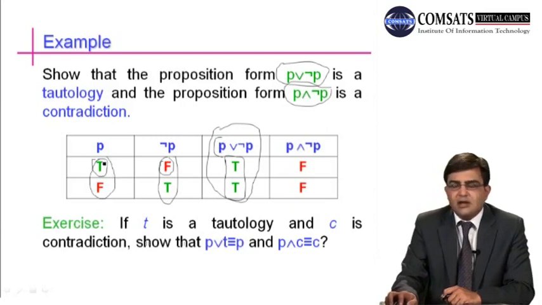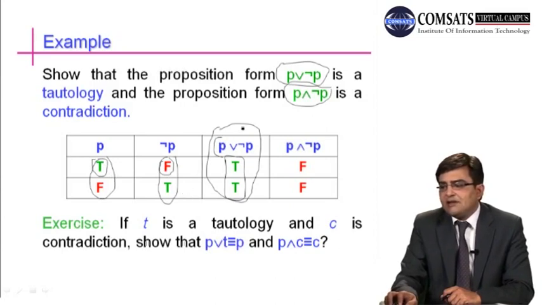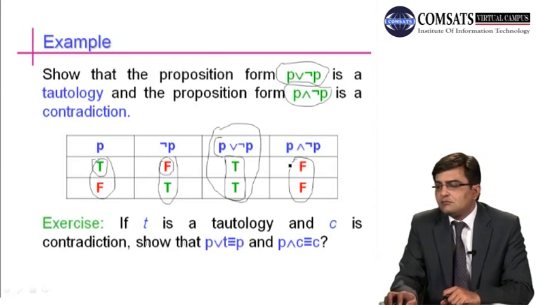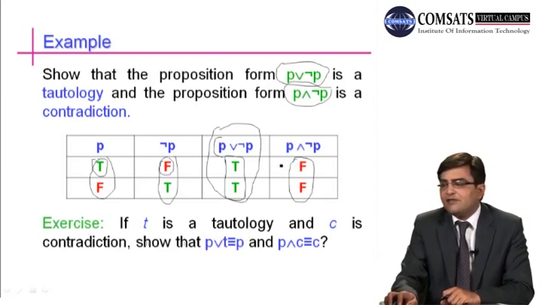P is true and false, not P is false and true. But in the compound proposition P or not P, every possible truth value is true. Therefore, this compound proposition is a tautology. And in the last column, P and not P, we can see that every truth value of this compound proposition is false.